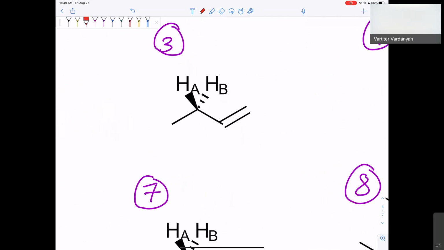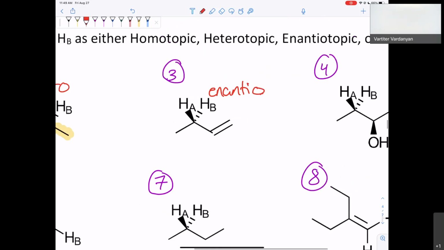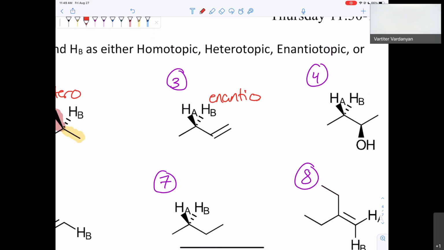Awesome. There's always someone who's like, but there's a double bond. I know, but we're not talking about it. So this is diastereo. Nope, I lied to you. Enantio. I just get so excited I forget words. All right, any questions on that one?